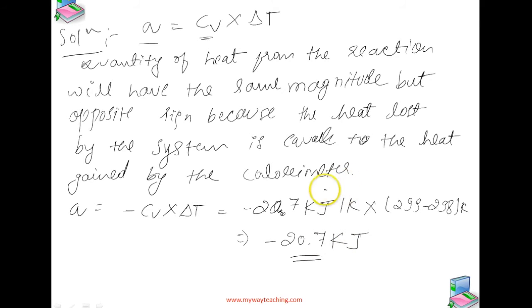Here the negative sign indicates the exothermic nature of the reaction. Thus, delta U for the combustion of 1 gram of graphite is minus 20.7 kilojoule.